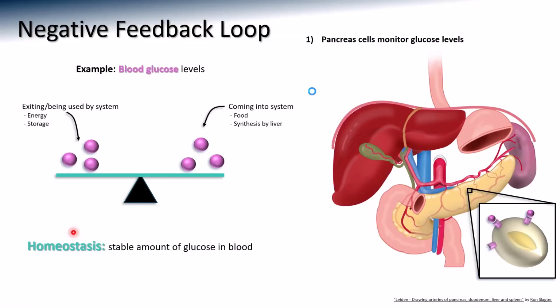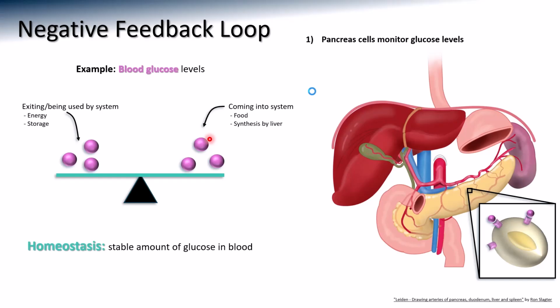Let's take a closer look here. The example that we're going to be using here is blood glucose levels in the body. On the left here, we've got our scales. Our scales are balanced at homeostasis here. We've got this amount of energy, glucose, being used by the system or put into storage, and we've got an equal amount coming in either from food or from synthesis by your liver.